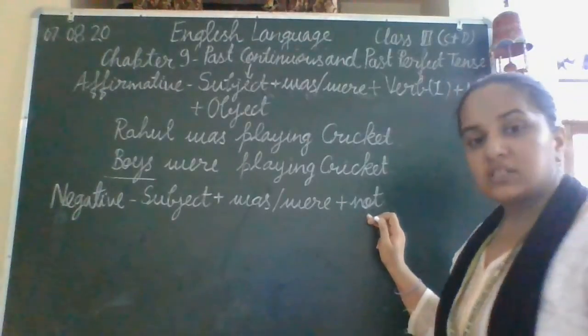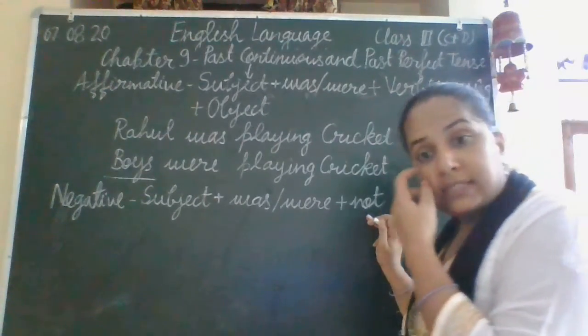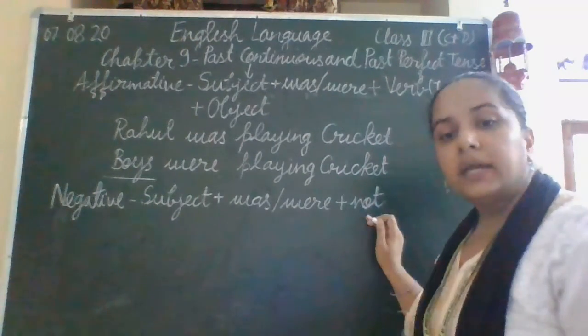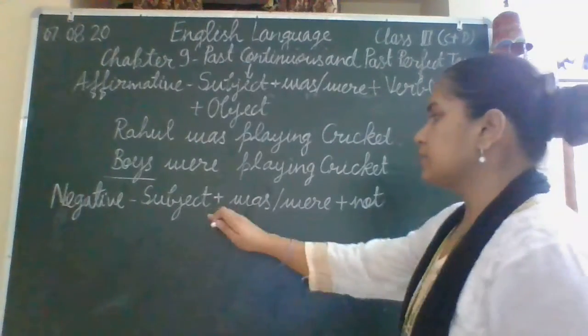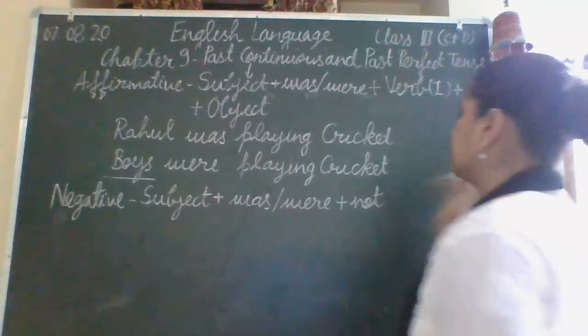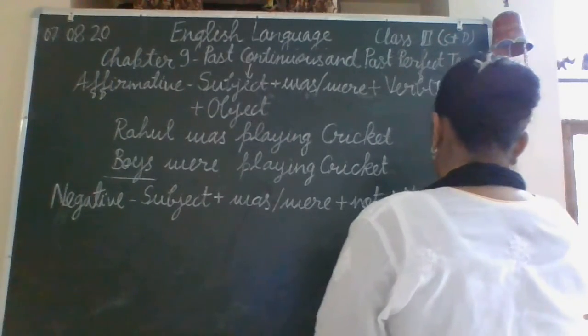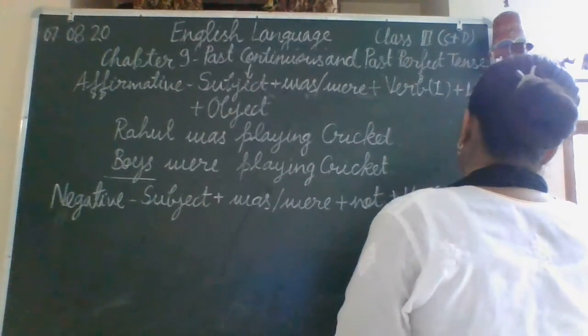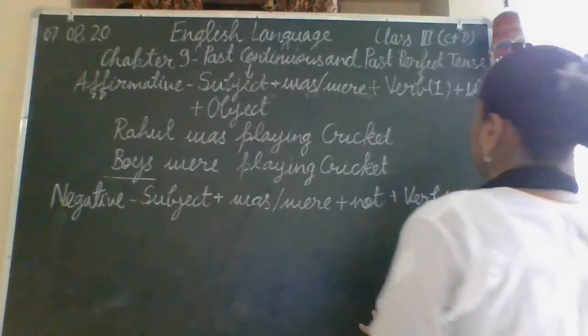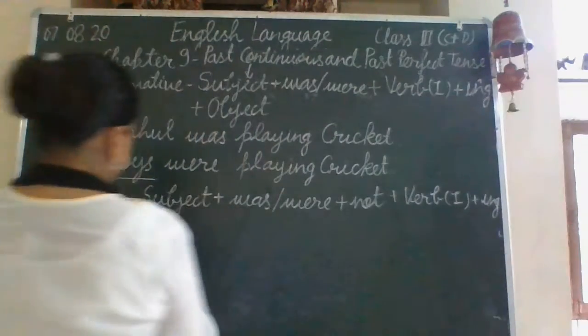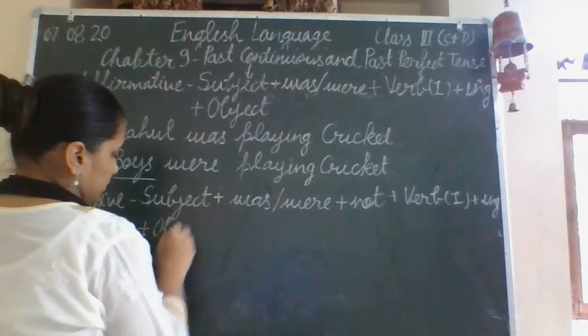Here this not denotes that the sentence is a negative sentence. Subject, was or were, not, base form of verb plus ing, plus object.